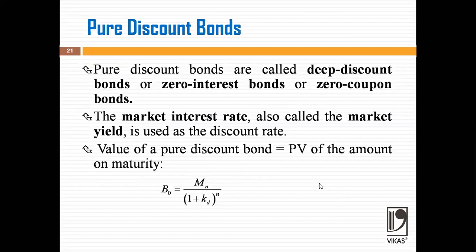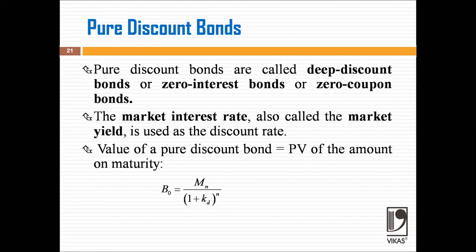Now we move to the valuation of the bond, especially the pure discount bond. Pure discount bonds are called deep discount bonds, because definitely we have to purchase the bond below its par value.